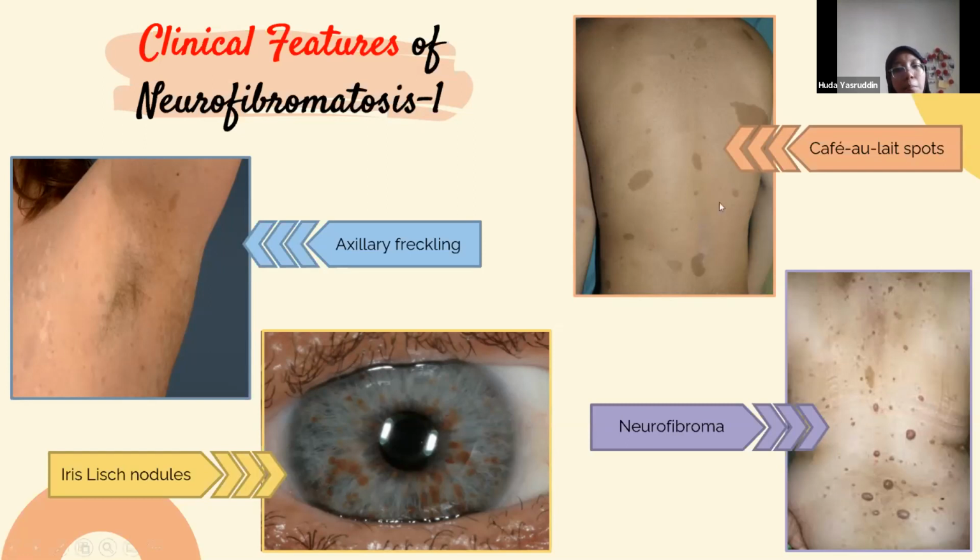Eventually the number, the size, and also the pigmentation will increase as the child grows older. And then neurofibromas usually occur mostly in adolescents. You can see there is a raised lesion, it has a rubbery consistency, and it has a purplish discoloration of the underlying skin. So that is about neurofibromatosis.